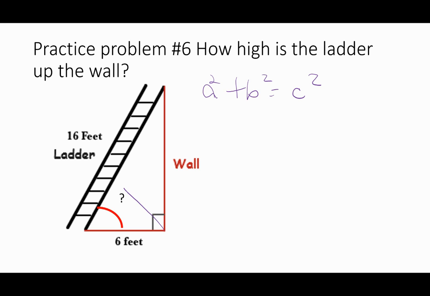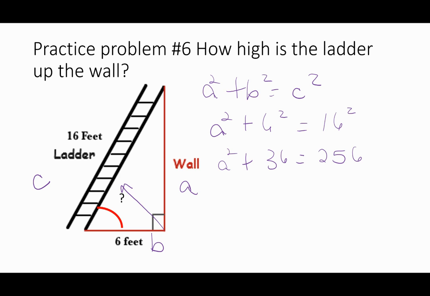The one across from our hypotenuse is always C. We have A and we have B here, or you could switch the A and B around. It doesn't matter, but it does matter that C is the longest side. So we're going to have A squared plus 6 squared is equal to 16 squared. A squared plus 36 is equal to 16 times 16, which is 256.